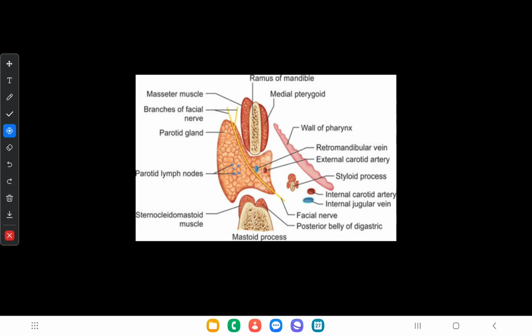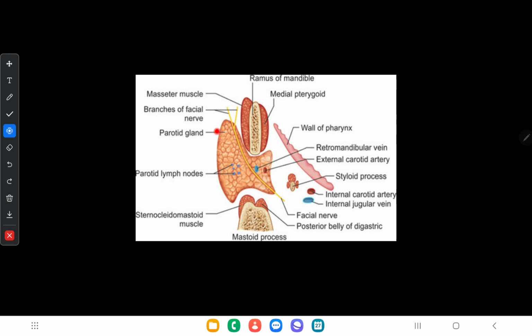Here, this is the superficial surface or the lateral surface. Here is the anteromedial surface, this part is the posteromedial surface, and this is the medial border. This is the posterior border, and this is the anterior border.